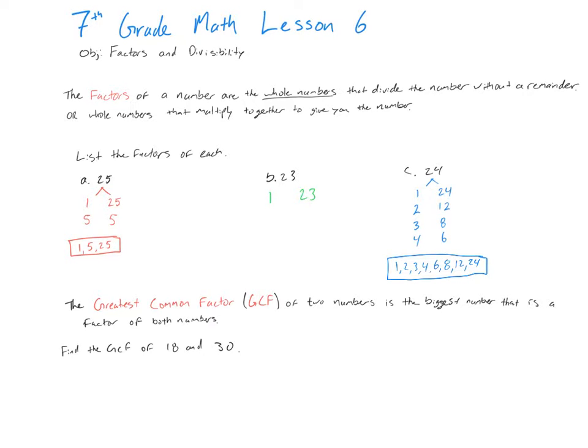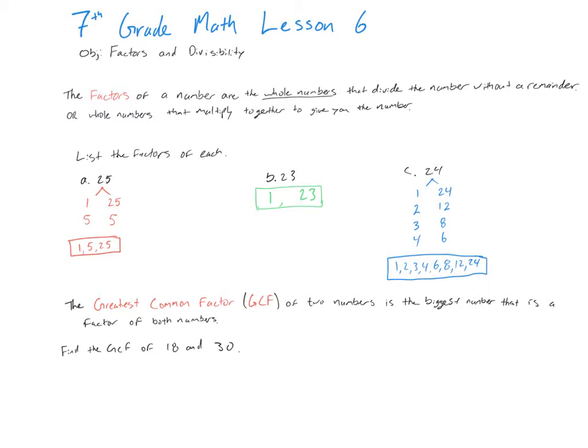In fact, if you check all of those between there, they're all going to give you some kind of remainder. And so these are actually the only two here. It's just 1 and 23, because 23 is a prime number. So the only factors there are just 1 and 23.